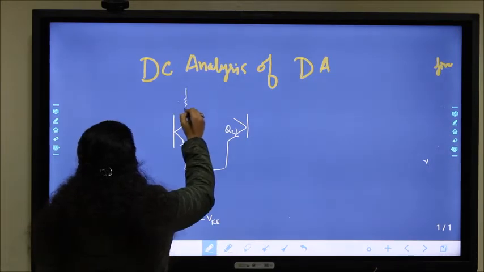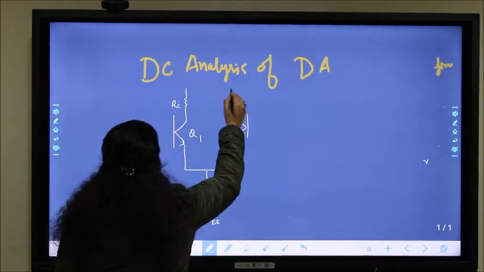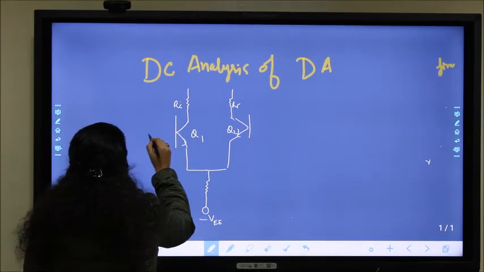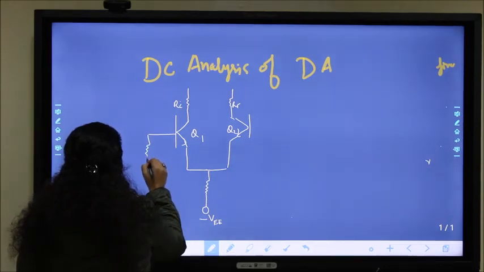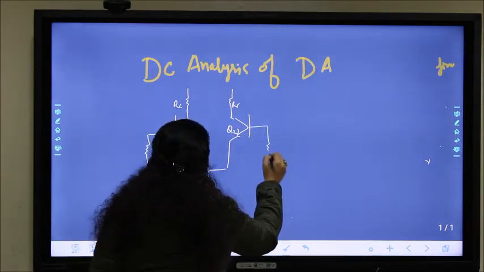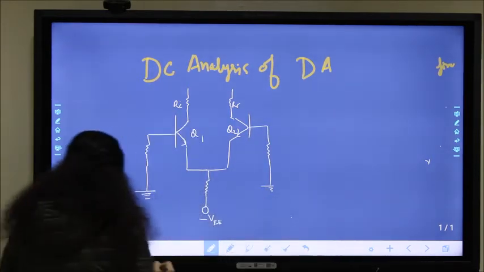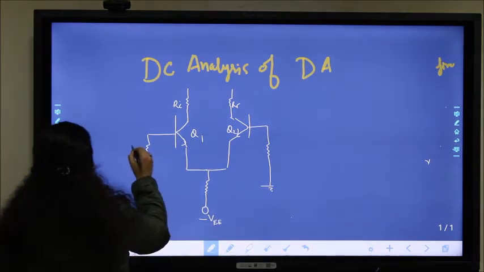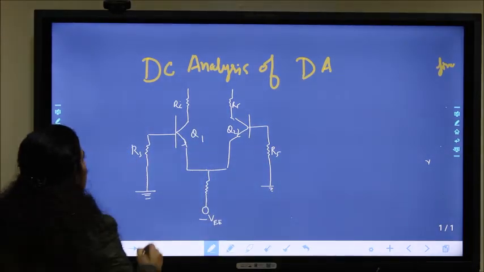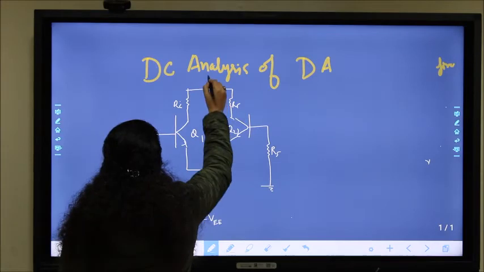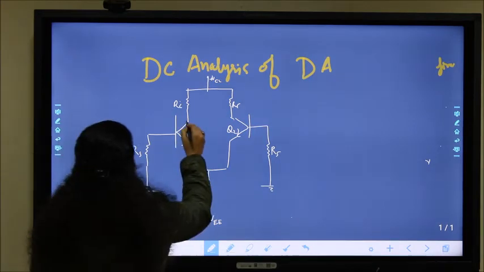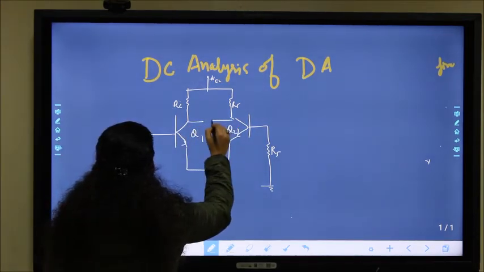Here we have a collector resistance RC. Now this is the source resistance RS, and all AC sources have to be grounded. VCC. Output is taken between these two collectors.